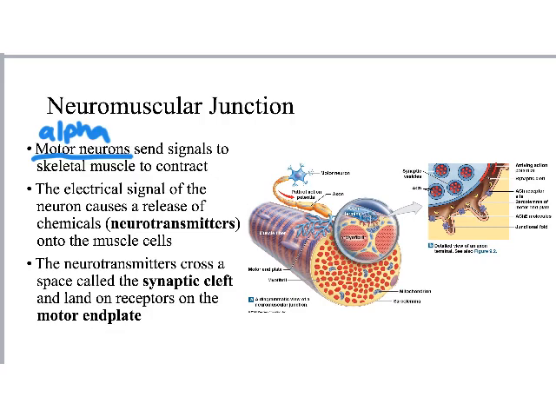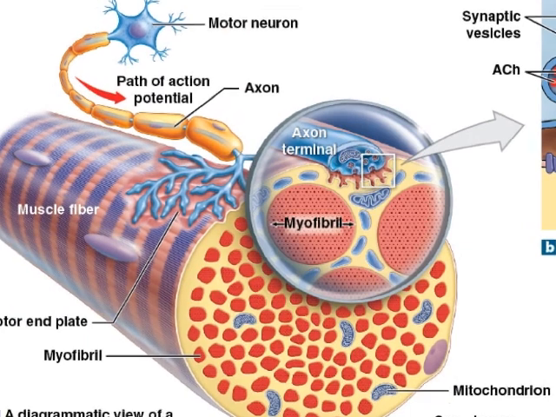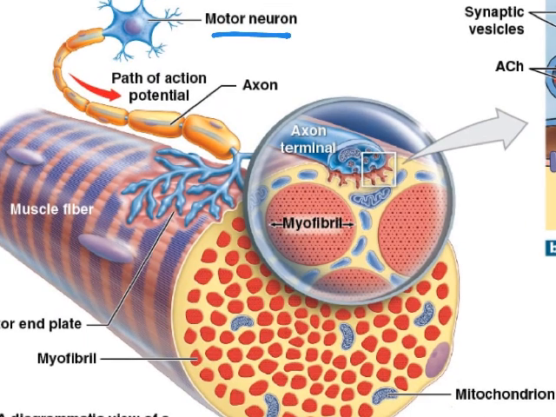If we blow this up so you can see, there's the motor neuron coming out of the spinal cord, and you have an electrical signal coming down that motor neuron. That neuron synapses here with what's called the motor end plate.